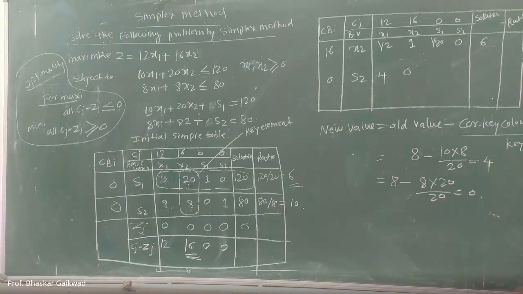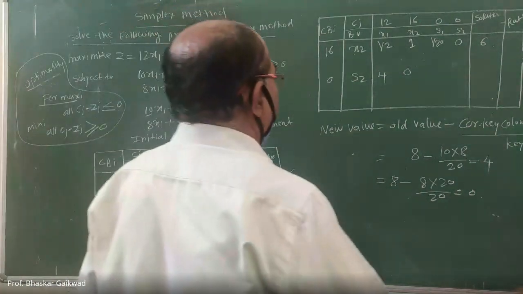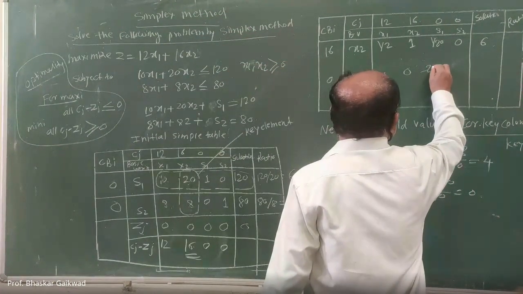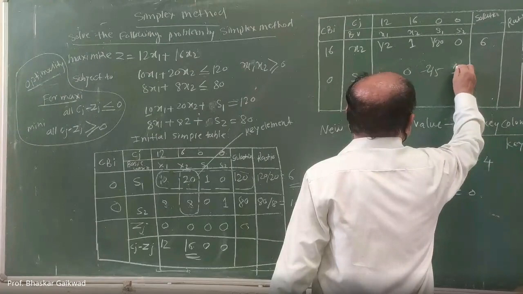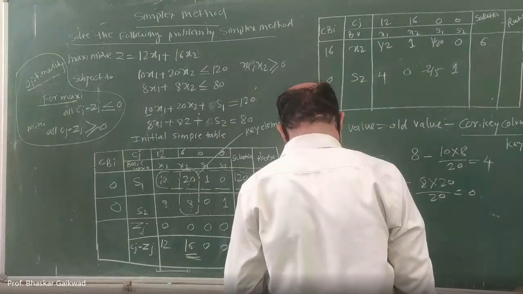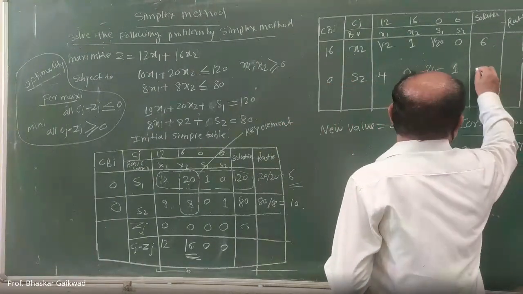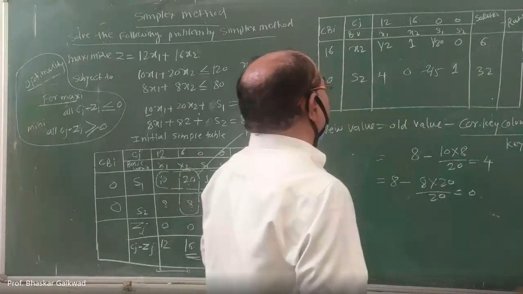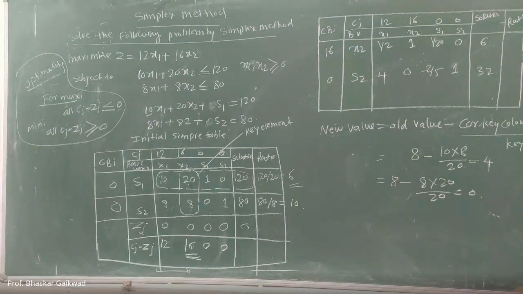Similarly, you can calculate for the third. This is minus 2 by 5. Correct. Up to here it is clear how to calculate this.